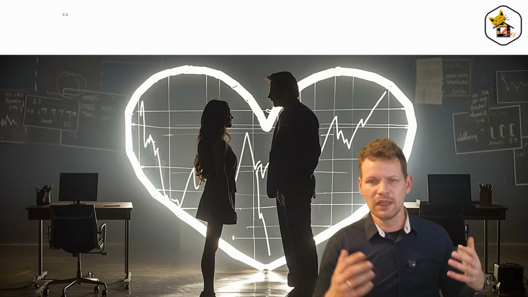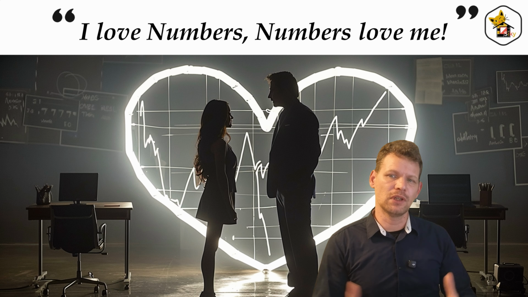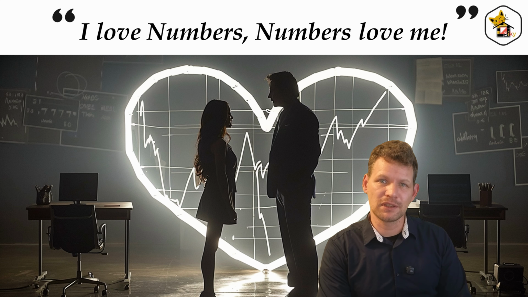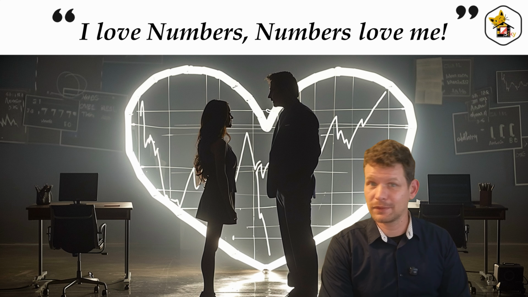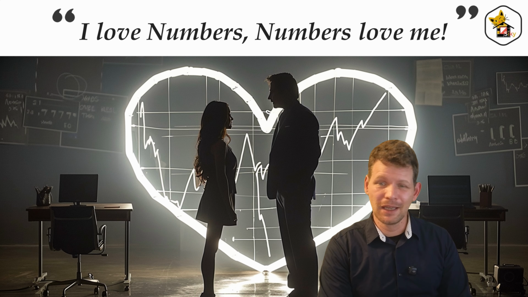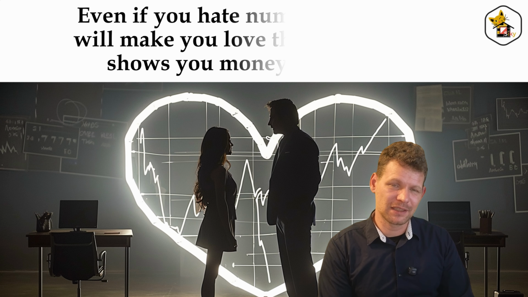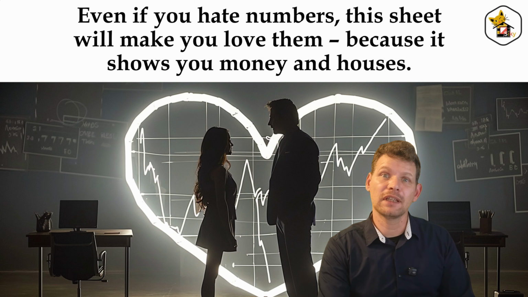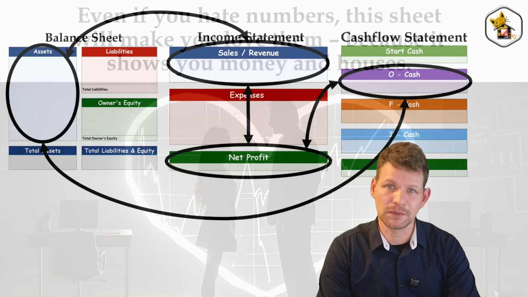The sheet helps you love numbers, right? You will say, I love numbers, numbers love me, after you've got this course. Even if you hate the numbers, you will start to like them, because it shows you how to get rich, or prevents you from doing something stupid.